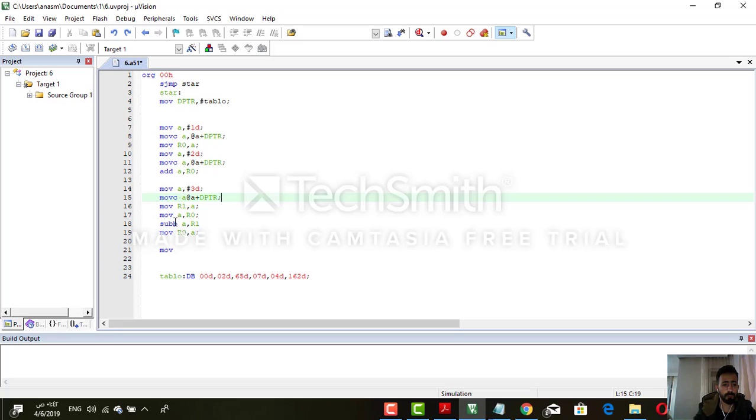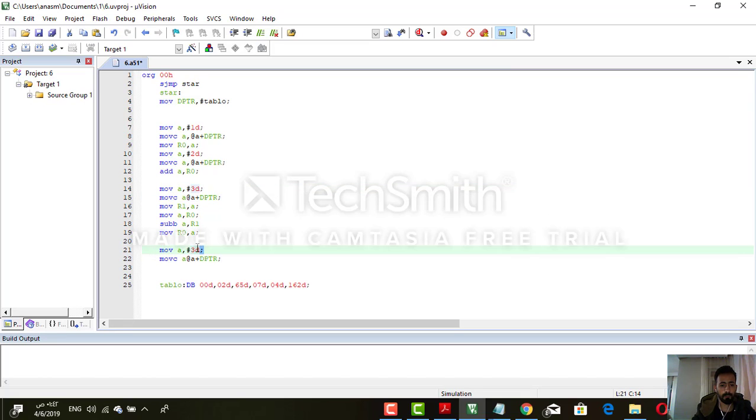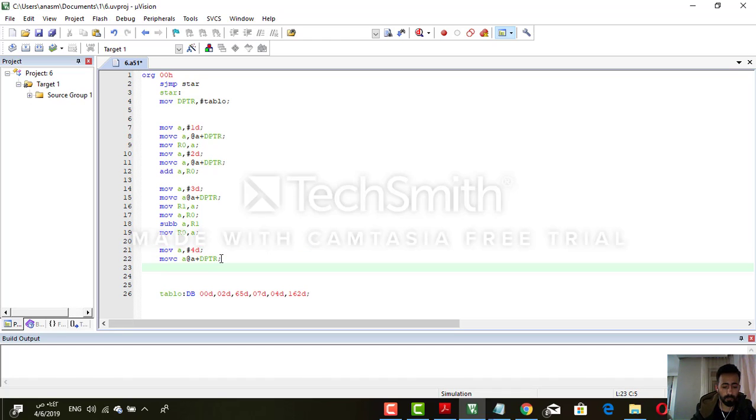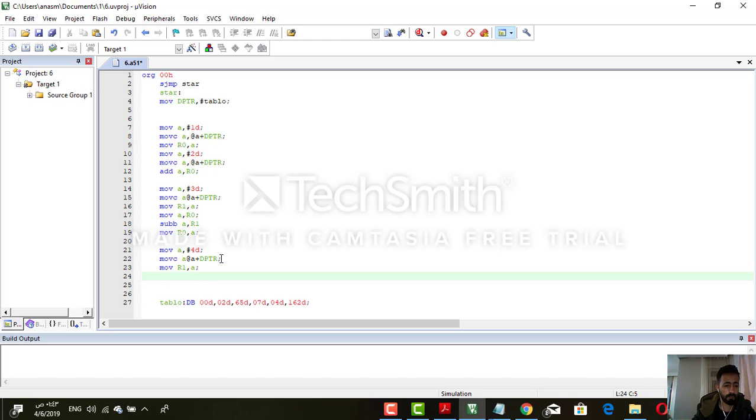Now let's see, with the fourth number. So now we have the fourth number, but we will move it to a register, and the value of the accumulator.